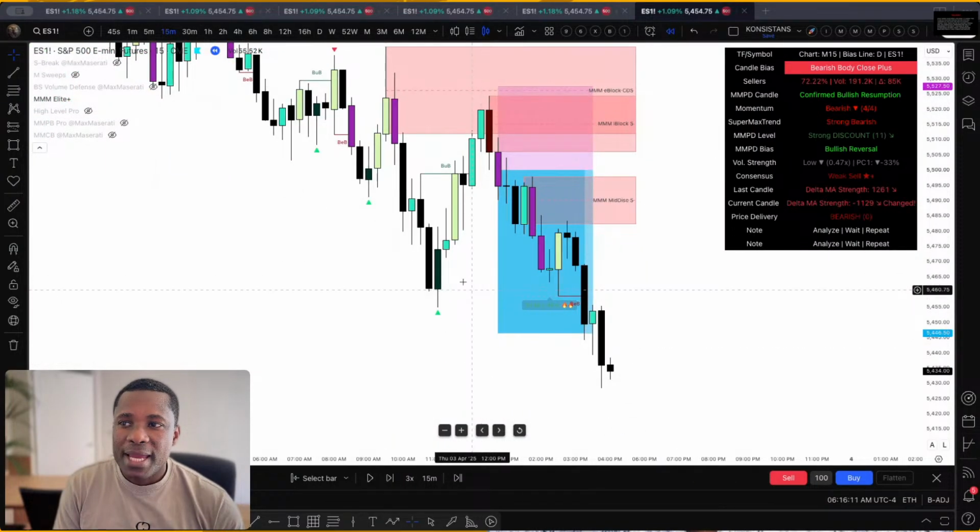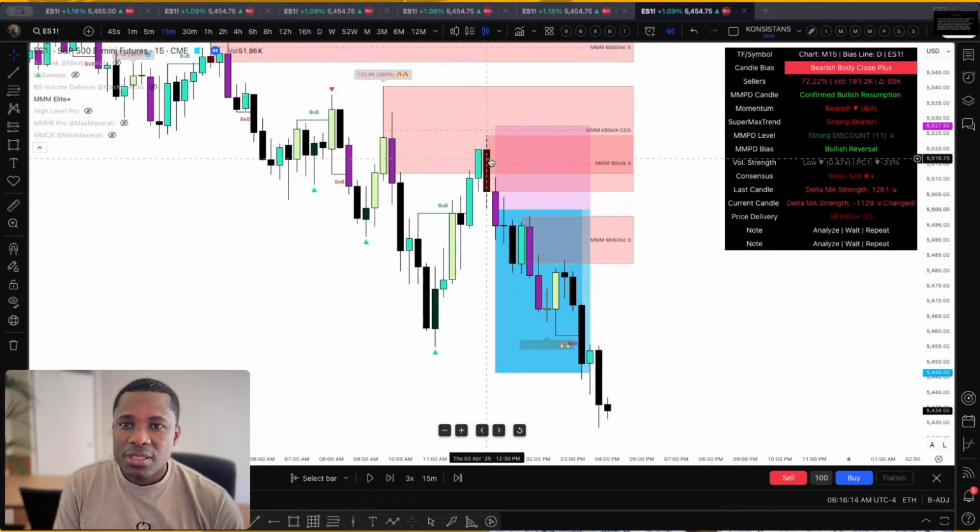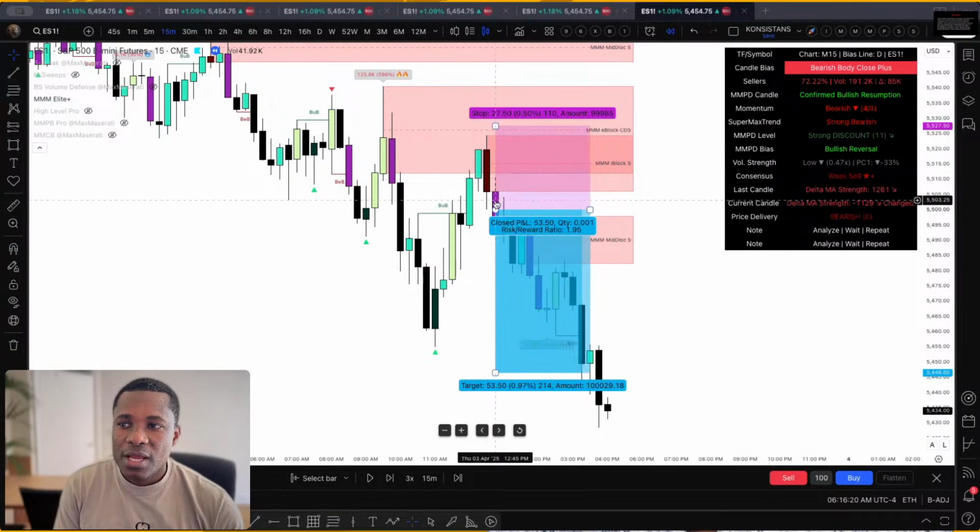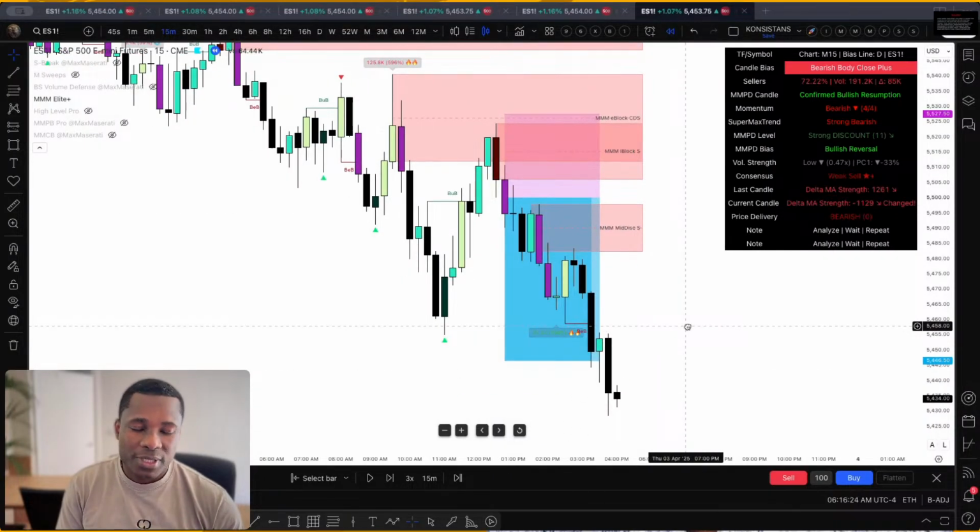And the market came inside of it, rejected it, and then you have a PO4 bearish. This is what you trade. As simple as that.